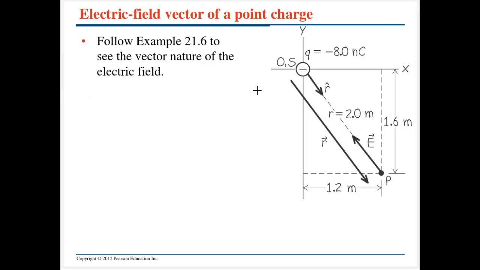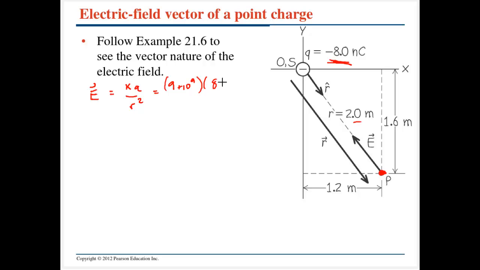So let's take a quick look at calculating an electric field. Here I'm going to have a negative charge. It has a charge of negative 8 nanocoulombs, and I'm asked to find what the electric field is 2 meters away from it. I know that the electric field is going to be equal to K multiplied by Q divided by the distance of separation squared, where K is going to be 9 times 10 to the 9th.